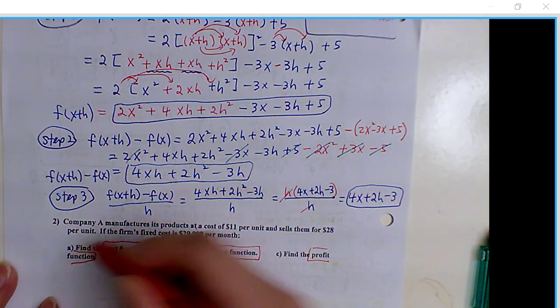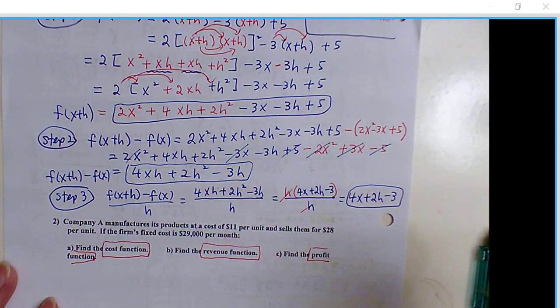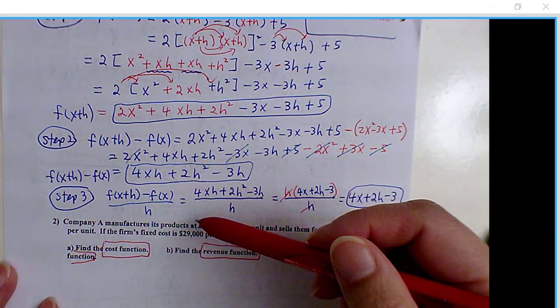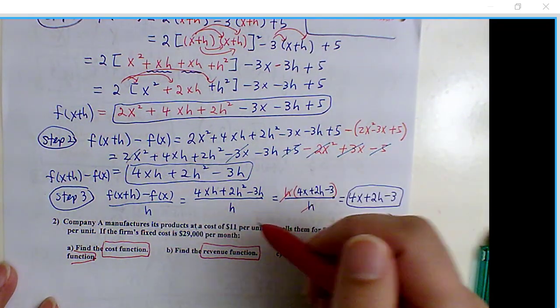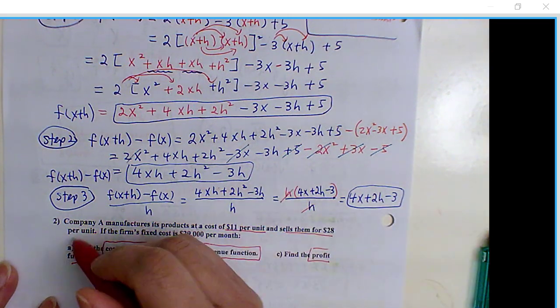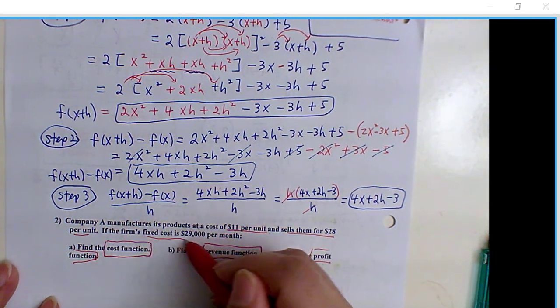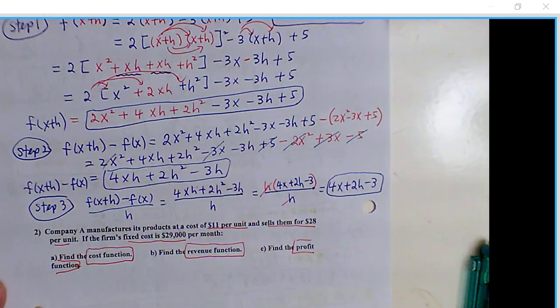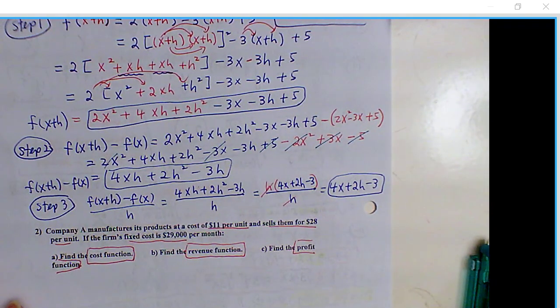So we did that in the first business math class, and this question says the manufacturer company manufactured its product at a cost of $11 per unit. It sells for $28 per unit, and it has a fixed cost of $29,000 per month. So fixed costs can be like the rent, the salary, etc.